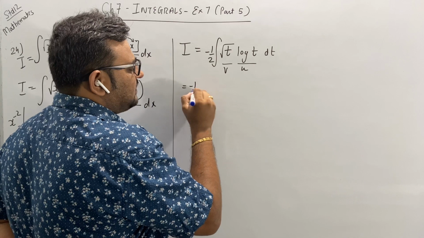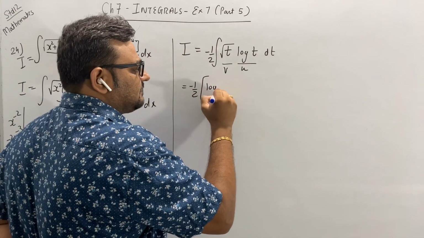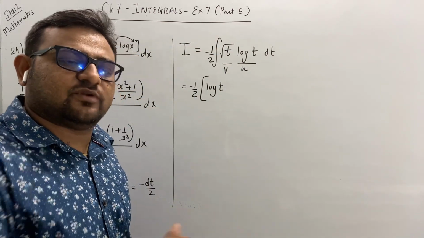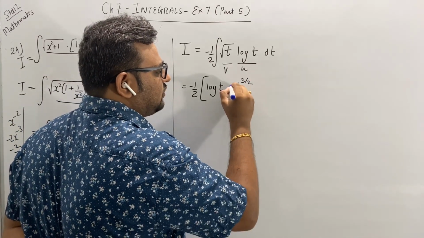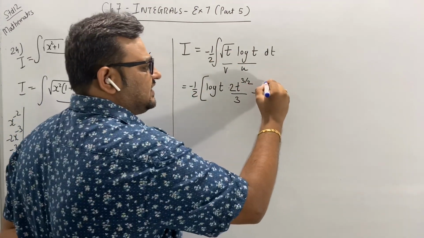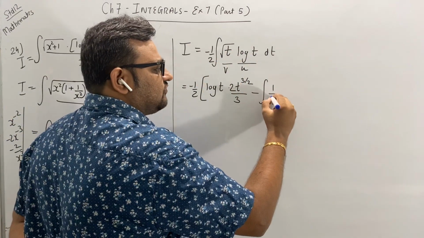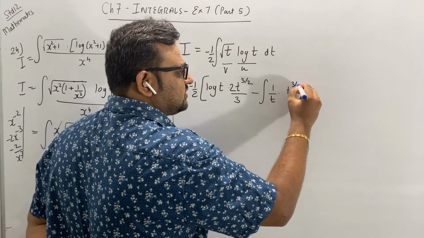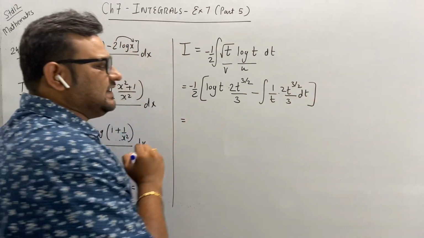So minus 1 by 2 now, u as it is, so log t. Integration of v: square root of t means t raised to 1 by 2, its integration is 1 by 2 plus 1, 3 by 2, so t raised to 3 by 2 upon 3 by 2, minus integration of derivative of u, derivative of log t is 1 by t, times integration of root t, t raised to 3 by 2 upon 3 by 2, dt.